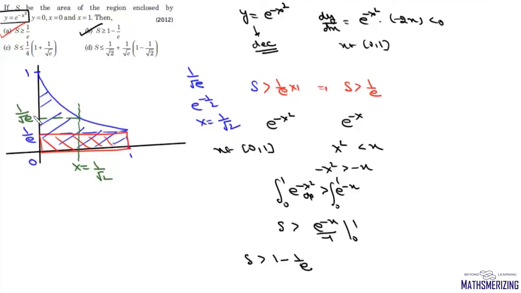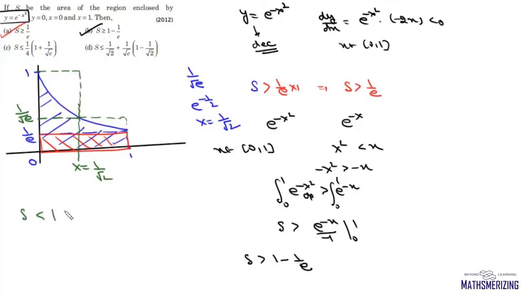Now what we'll do is, we'll consider the approximate area of this function using two rectangles approximated by higher values. So in this case, this S will be less than areas of these two rectangles.